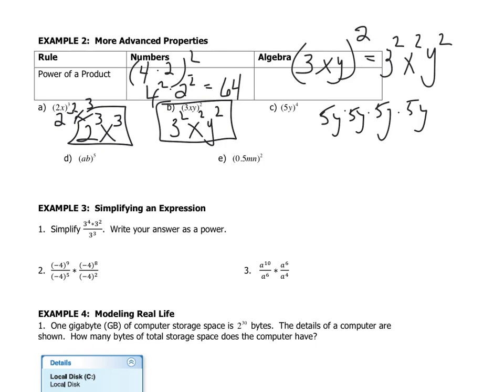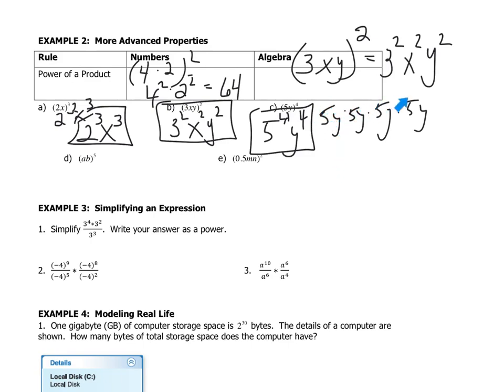So to look at the rule, we're basically saying each base gets the outside exponent. Oh, that's pretty messy. So the 5 will get the 4, but so will the y. It gets the 4. But over here you can see where that's coming from.